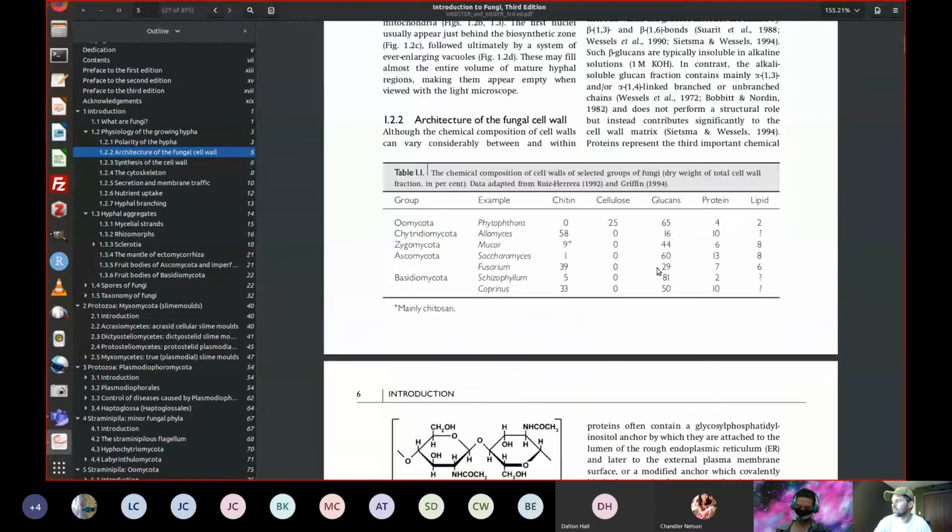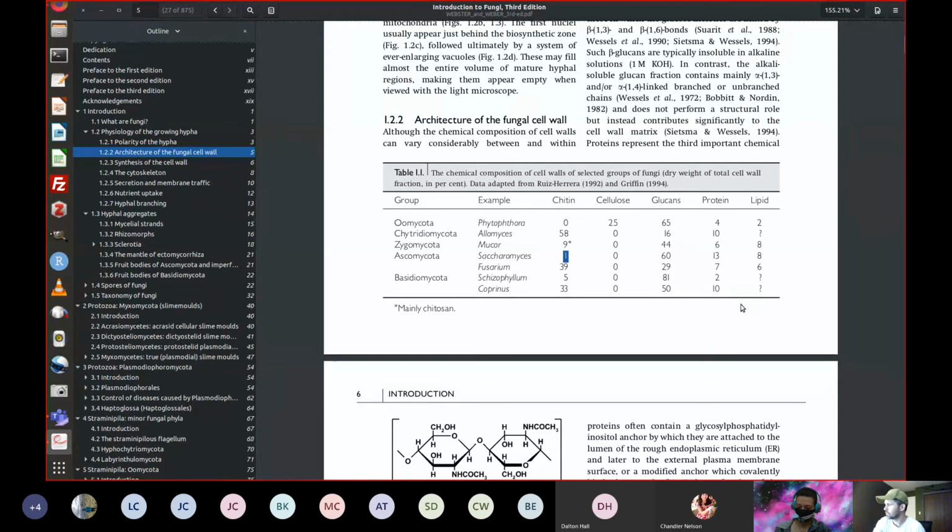this table is, I think, trying to show, is that it isn't all chitin, right? It's a lot of glucans. And look at this weirdo, Saccharomyces, 1% chitin. Isn't that because it's single-celled? Yep, it is. It's a yeast.